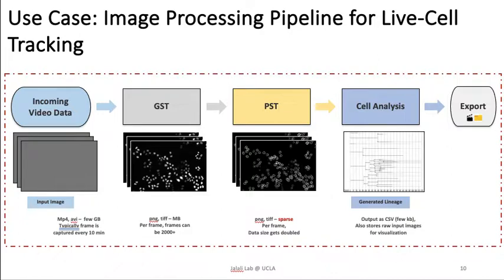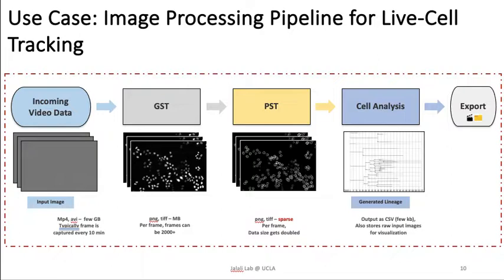So one of the use cases that we have been considering is this image processing pipeline for live cell tracking. And this is an algorithm that we've actually used these sub-algorithms for within our lab. So we have incoming video data, which is just these frames of cells moving over time. And we run GST on them in order to enhance them. These are taken under low light conditions in order to not actually kill the cells from phototoxicity.